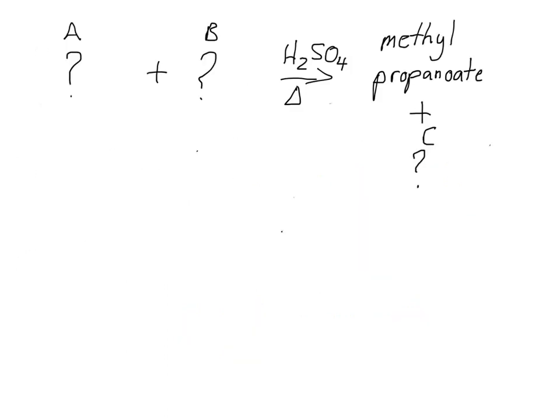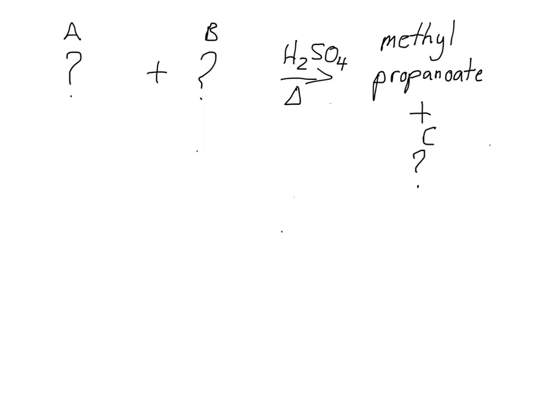Okay, now in this example, I've given you unknown compound A, unknown compound B. I've combined them with a little bit of sulfuric acid, that's H2SO4. My organic molecule that I've made is methyl propanoate. I've also got an unknown product C. I would like to know what A, B, and C are.